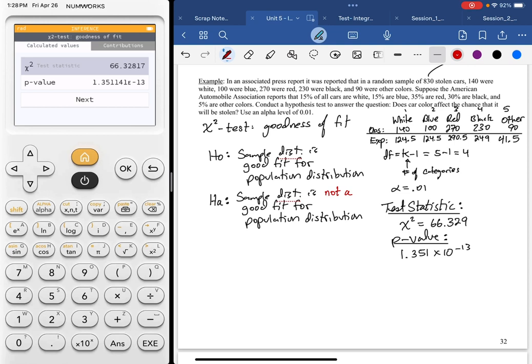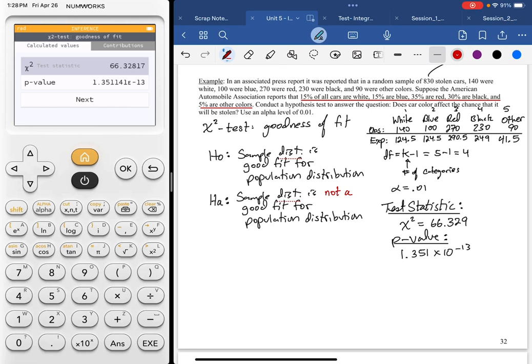Now, if those percentages weren't there, if they didn't give us these values, you wouldn't really have anything to go by except to say that each one is equally likely to be stolen. So if they didn't tell us that American Automobile Association information, I would say, well, there's 5 categories, then 20% of stolen cars should be white, 20% blue, 20% red, and so on, right?